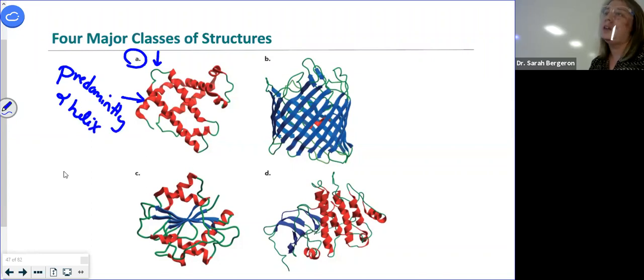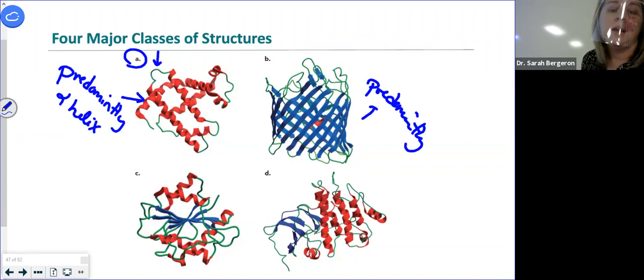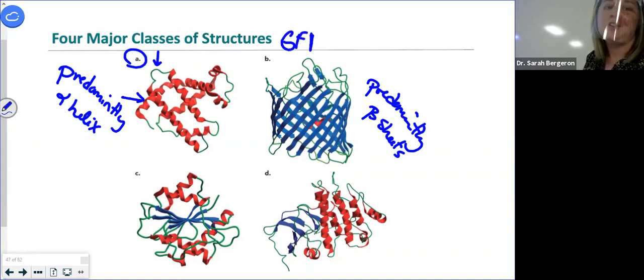What is B? Predominantly beta sheets, right? Y'all know what that is, B? It's a beta barrel, and what protein have we talked about that is composed of a big old beta barrel? Green fluorescent protein, GFP. And that's the chromophore right in the middle.